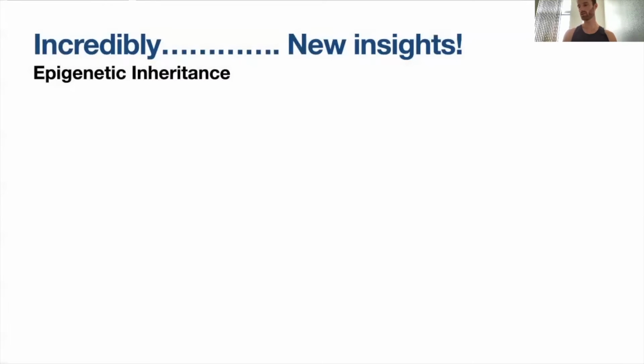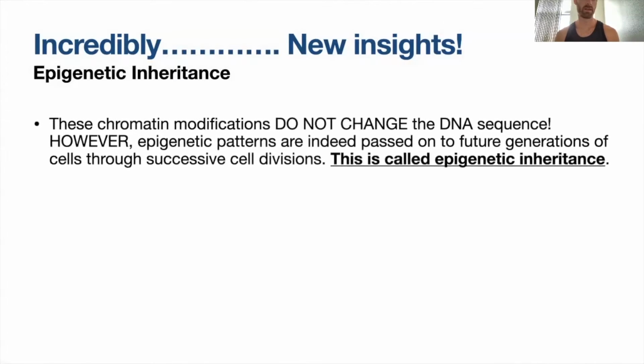All right, so like I said, this is a really popular field right now, epigenetics. And so I wanted to mention the relevance, the significance of these types of modifications to histones and DNA.